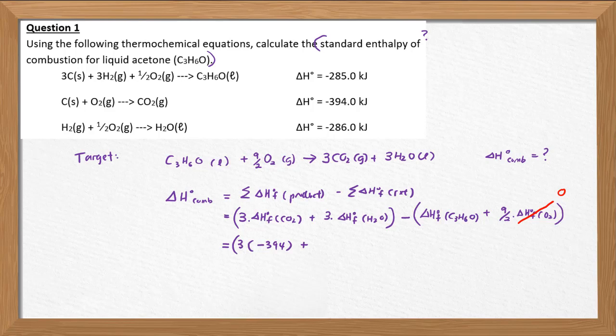The enthalpy of water, 3 times negative 286, minus the enthalpy of acetone, which is negative 285. And finally, the enthalpy of combustion equals negative 1755 kilojoule per mole.